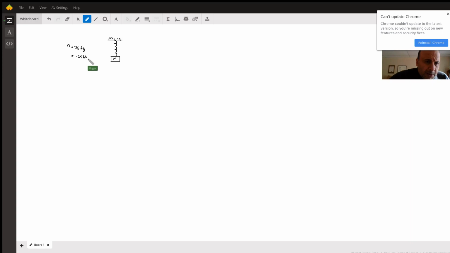Now, after you attach this mass, you are outstretching the spring by a distance. So this is your position one of the spring, and at this point we call this your equilibrium condition.